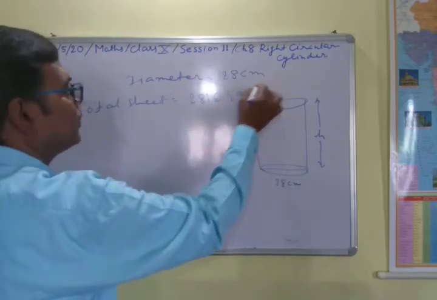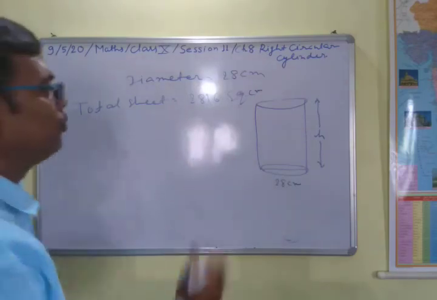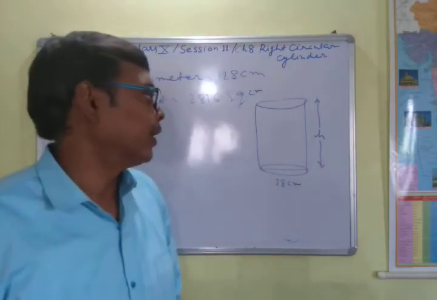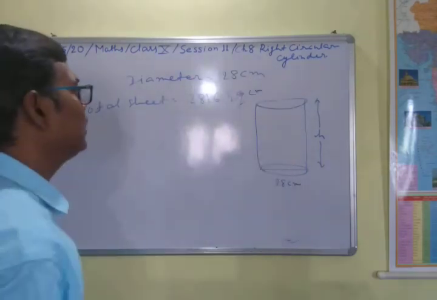So this is the total area of the sheet required to make this cylindrical drum. Then we have to find the height of this drum. What is the height of this drum?